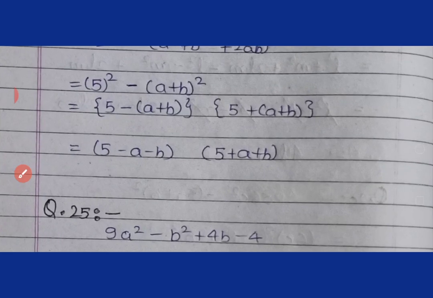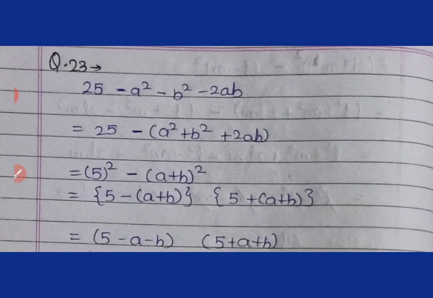Next question. It has given 25 minus a square minus b square minus 2ab. As I have told you, 25 is not related to a square minus b square minus 2ab, so we will put those in a single bracket. But you are thinking that these three terms, a square, b square and 2ab, were negative.